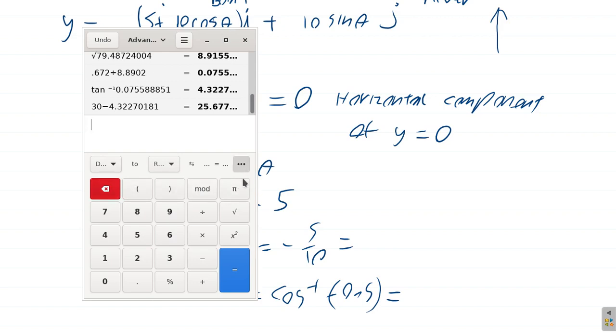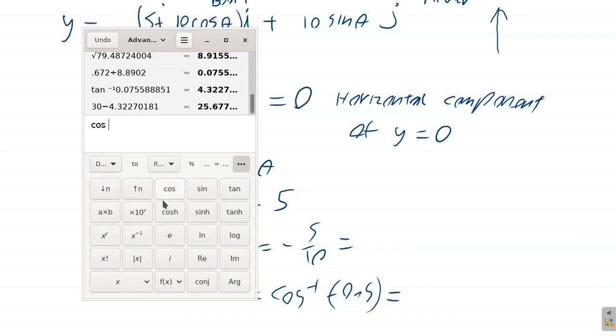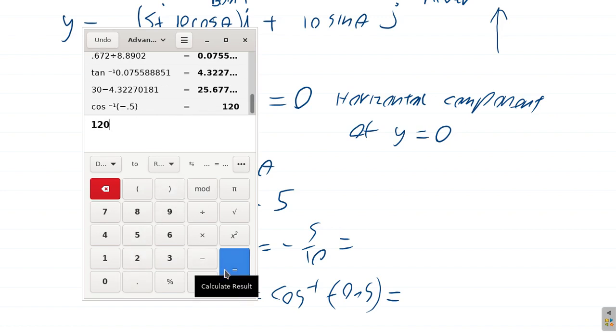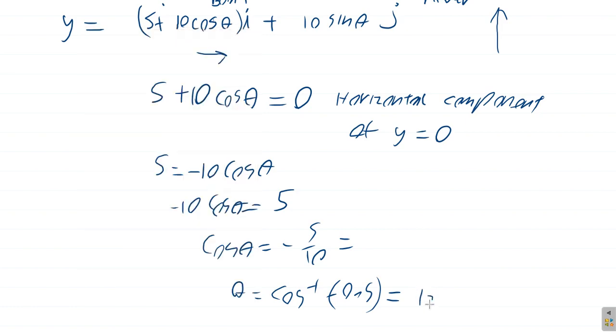Cosine inverse of negative 0.5, close bracket, equals 120 degrees.